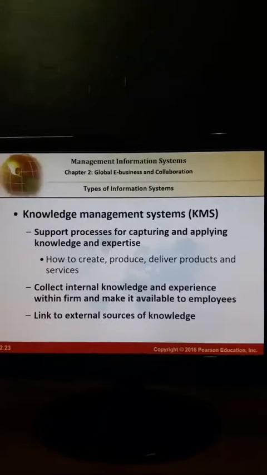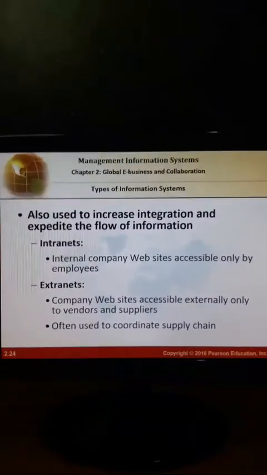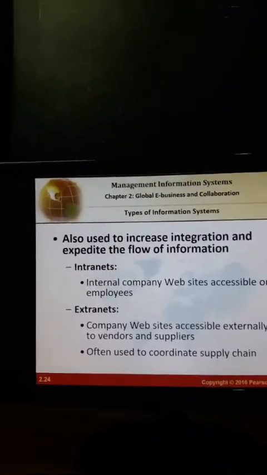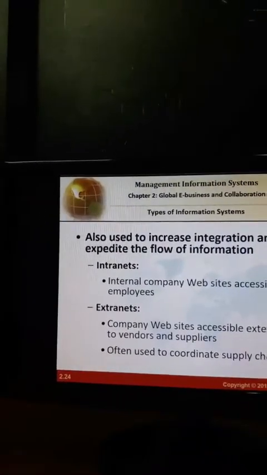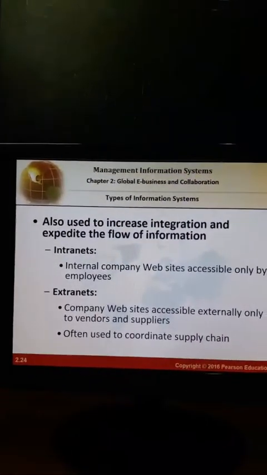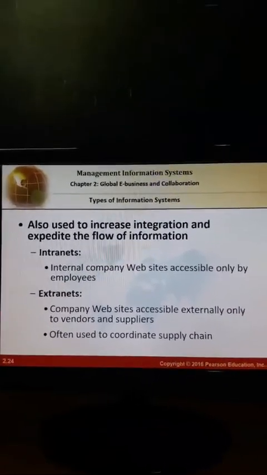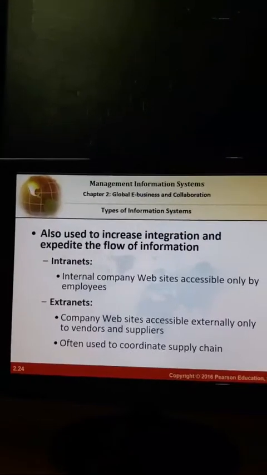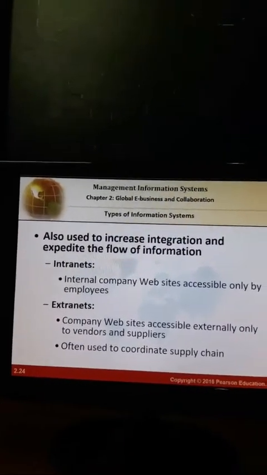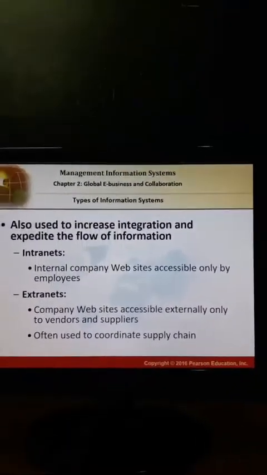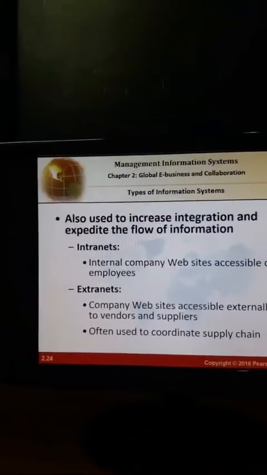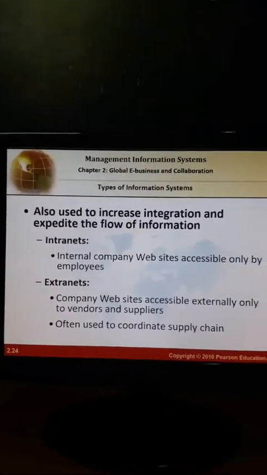products or services. Our next topic is intranet and extranet. There is a big question: how do business organizations maintain their relationships? If you visit some organizations, you may not find names like enterprise systems or CRM or supply chain management, but still they are maintaining the systems.